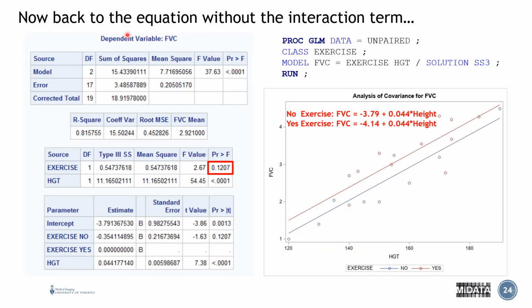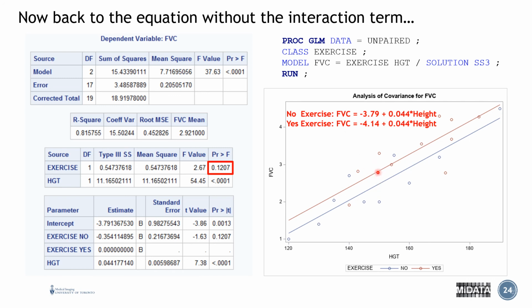So this is what we've done here in this model. We have, of course, FVC as our dependent variable, but as independent variables, we've only included exercise and height and not the interaction term, because we found that the interaction term is not significant. When we do this, and we look at, for instance, the graph of the output, you have, once again, the two straight lines, and their equations, which we just calculated in the previous slide.